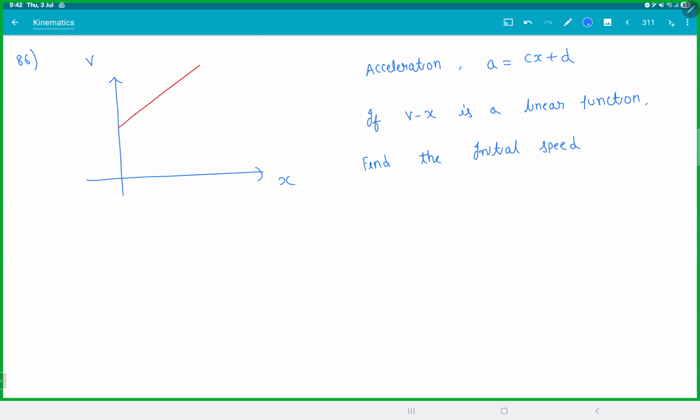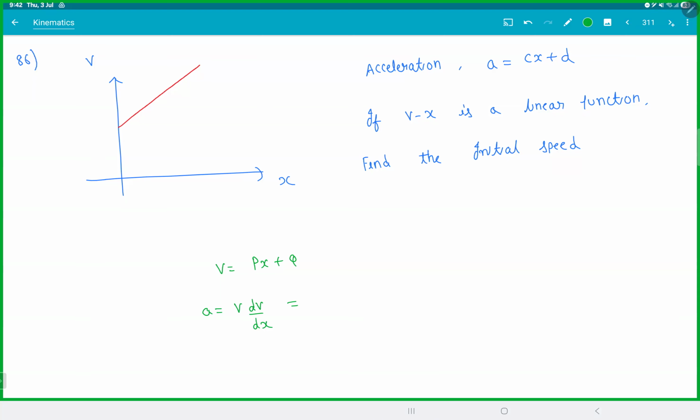So how do we start this? Look at this. You said V is a linear function. Fair enough. So I can take V is equal to mx plus, okay, I'm already using the symbol C, so I'll use V is equal to px plus q, right? So what is the acceleration? V dv by dx.